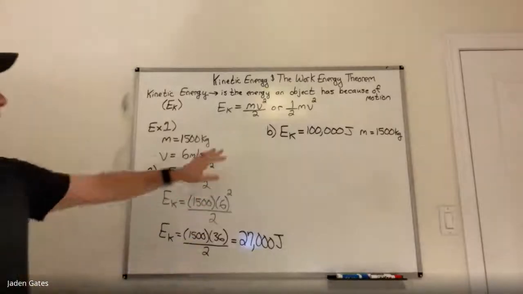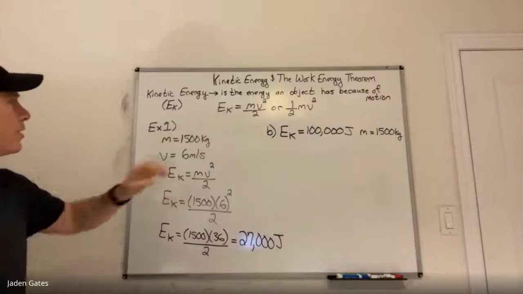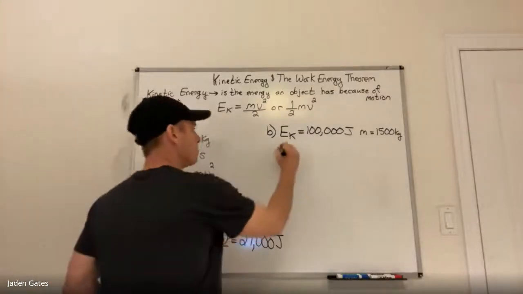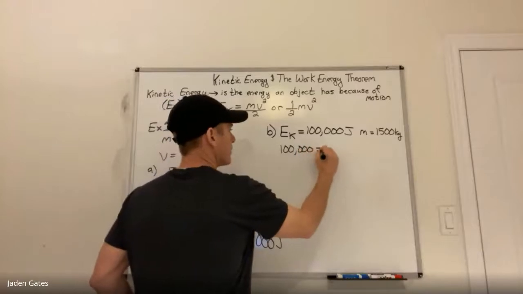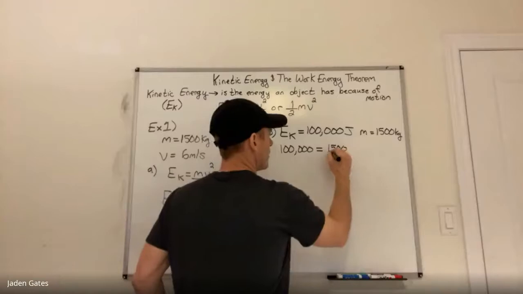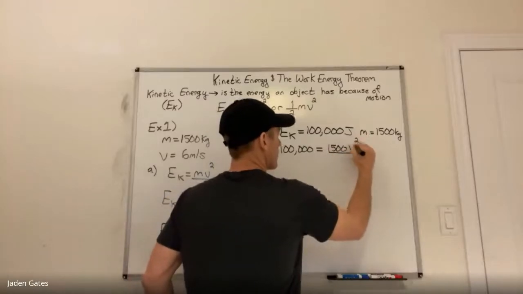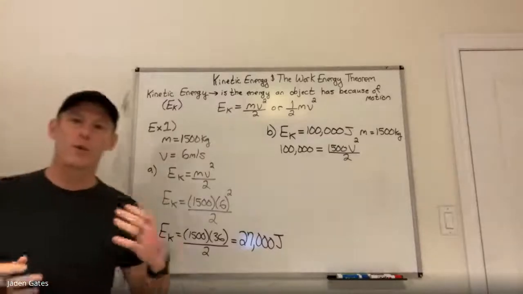Once again, I'm going to sub into the same formula. We're just going to find a different value. Our kinetic energy is initially 100,000. We have our m, which is 1,500, times v squared divided by 2. There are a lot of ways to work with this formula.